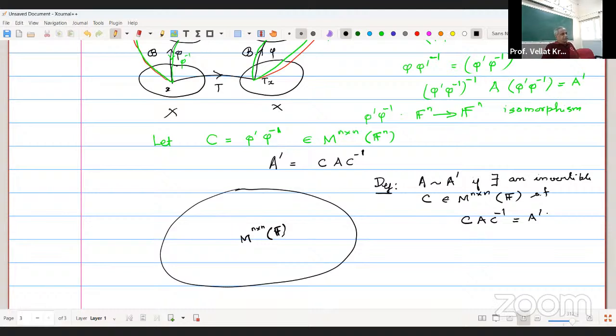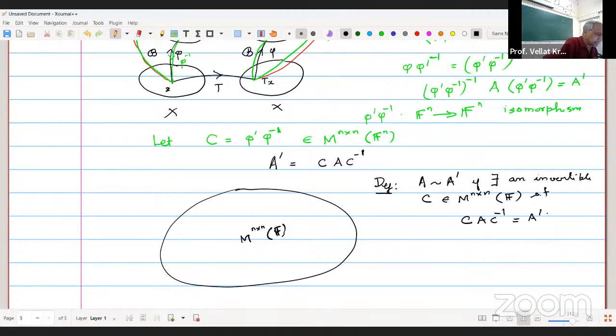That's the definition. So we say that A is related to A prime if this is true. We have seen that given two arbitrarily chosen A and A prime, they may not be related at all. It's possible.